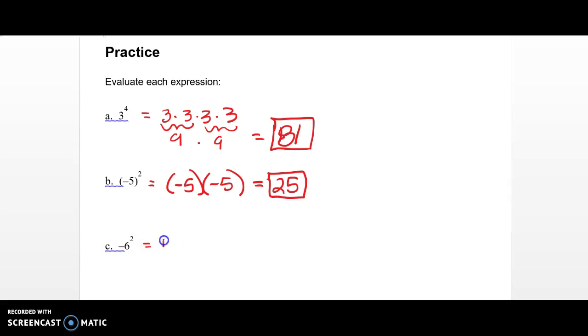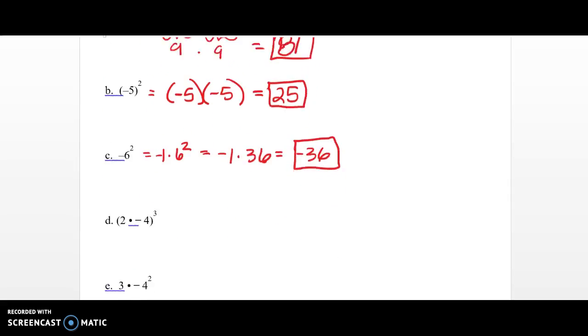This is the same as taking -1 and multiplying it by 6 squared. And 6 squared is 6 times 6. That's -1 times 36, which gives us -36. Is that what you got for an answer? Well, good for you.